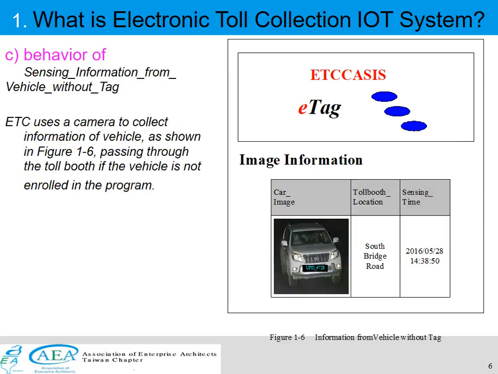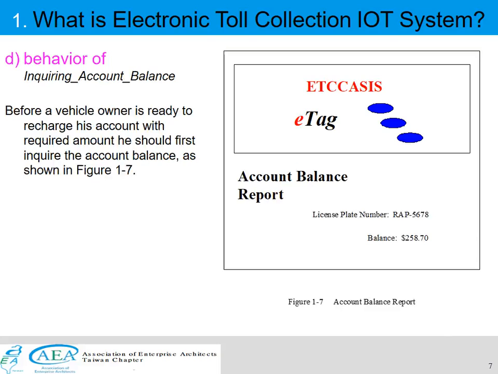The third behavior is sensing information from vehicle without tag. On the contrary, if a vehicle has no tag, then it will use this behavior to collect the information of this vehicle, as shown in Figure 1-6. The fourth behavior is inquiring account balance.